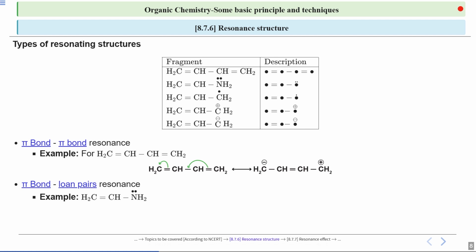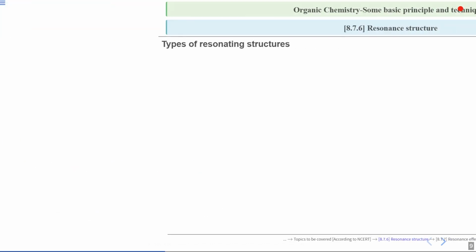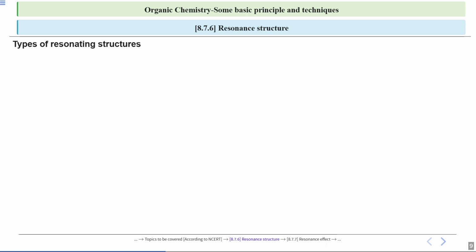Now what will happen in the resonating structure? The lone pair on the nitrogen will resonate onto the single bond, and that will affect the double bond, which will move on to the next carbon, creating a carbanion, whereas the nitrogen which is releasing its electron will get a positive charge.